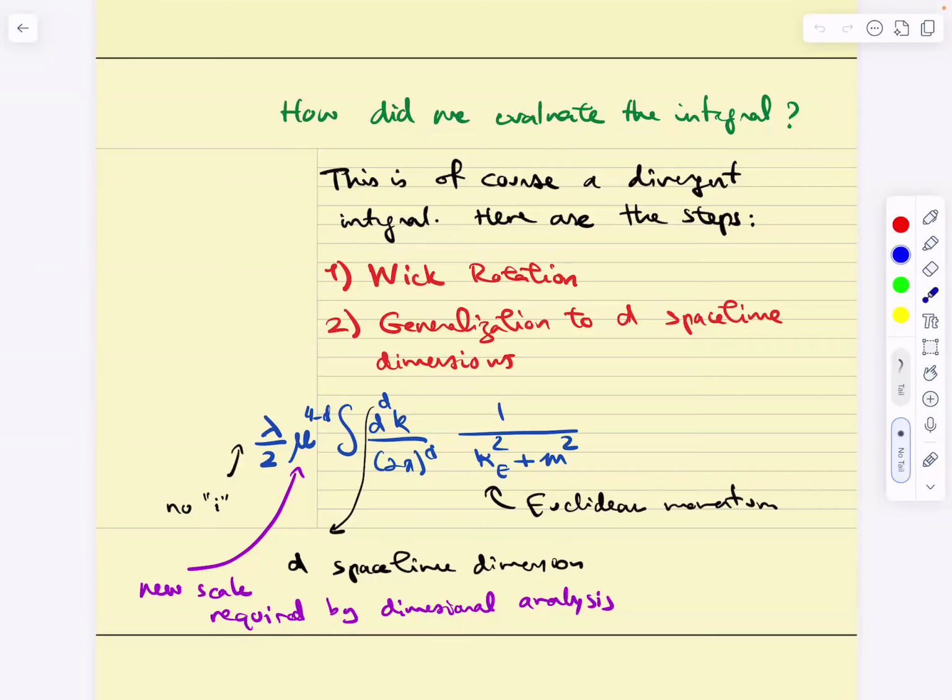You have to introduce a dimensionful parameter, mu, some mass scale, to the right power, which in this case is mu to the power of 4 minus d. So that is correct dimensionally, by dimensional analysis.